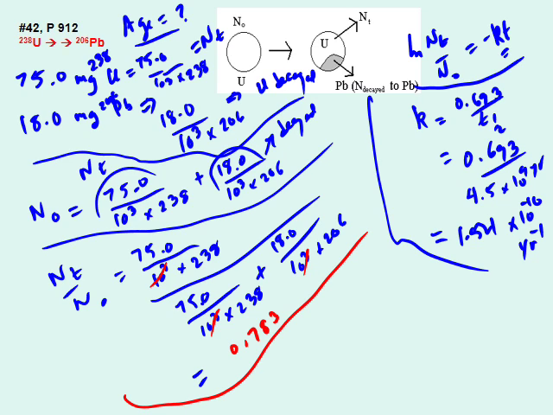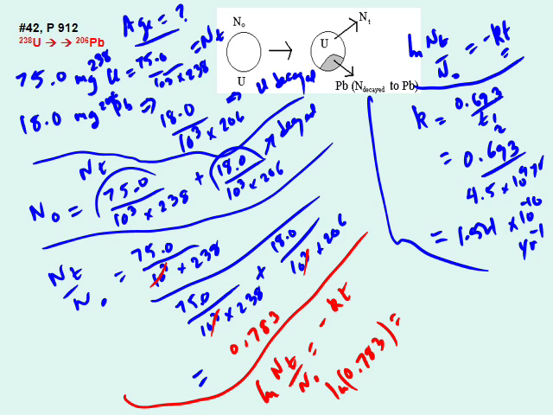Now I'm going to plug in all these values to the expression. Log of NT over N0 equals minus kt. Now I can plug in all the numbers. Log of NT over N0 is 0.783. Make sure you double check my calculation.